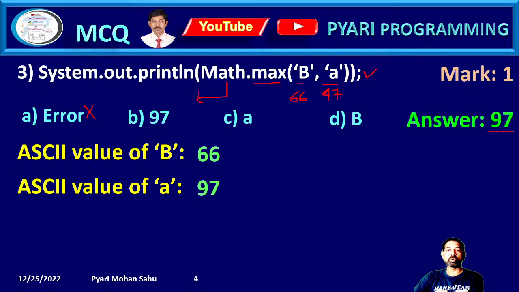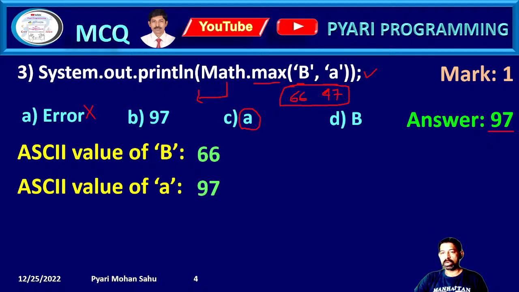Those who are thinking it should return the alphabet a, because lowercase a is the biggest value: though, it is converted into integers now, within the parameter we don't have any character B and a. They are converted into integers 66 and 97. So the return type will be integer in this case.